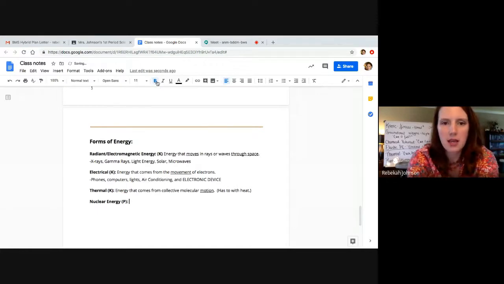So this is going to be energy stored in the bonds of particles, or let's actually specify those particles, of protons and neutrons in an atom's nucleus.